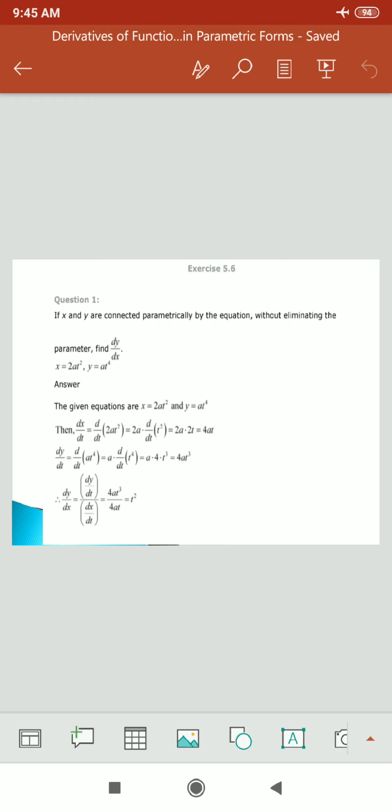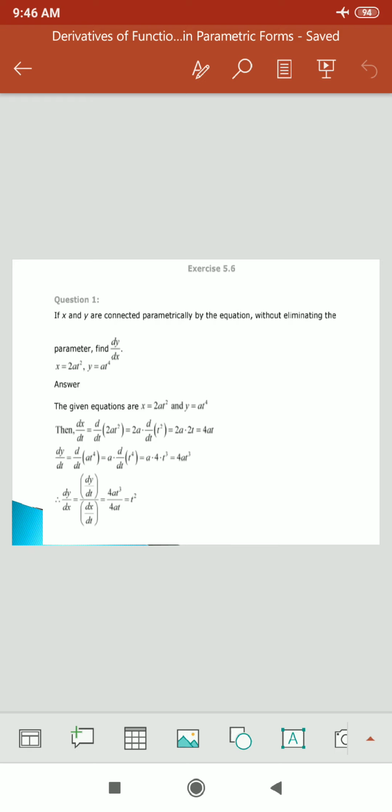We get dx by dt equal to 4at. Now differentiate y with respect to t, we get dy by dt is equal to d by dt of at raised to power 4, which is equal to a d by dt of t raised to power 4, which is equal to 4at cube.